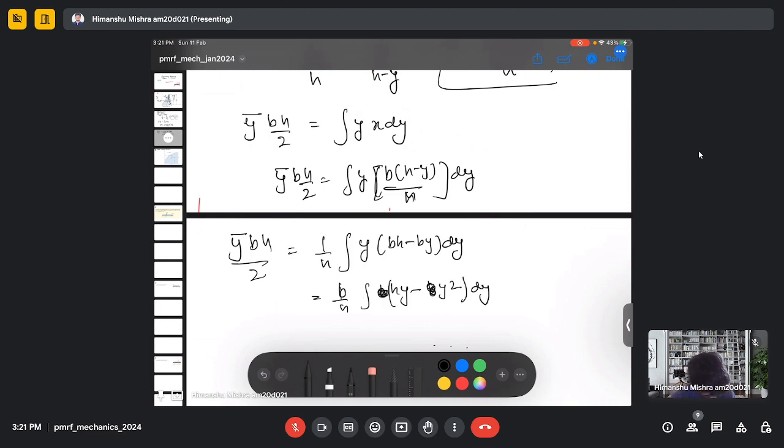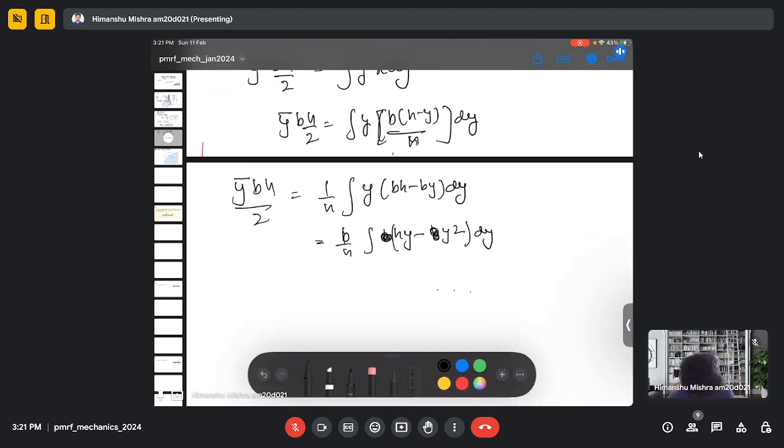So it will be y bar times h by 2, 1 by h, and this will be h y square by 2 minus y cube by 3, and let's assign the limits 0 to y, oh sorry, 0 to h.